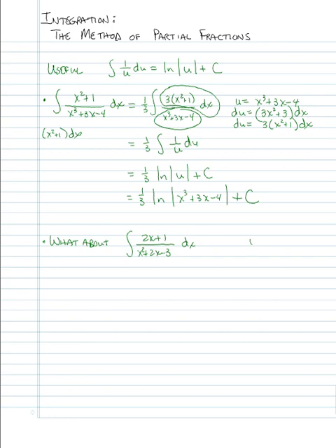Well, if we try that same thing here, if we try to let u be x squared plus 2x minus 3, du would end up being 2x plus 2 dx. And the problem is now we could certainly factor out a 2 again, but then we're completely different than what we have over there, because what we're trying to integrate is a 2x plus 1, not a 2 times an x plus 1. So this becomes a problem.